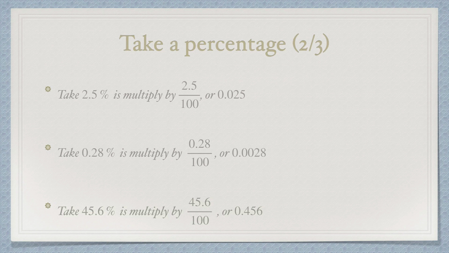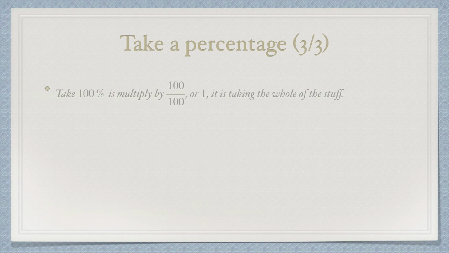Take 45.6% is multiplied by 45.6 over 100 or 0.456. Take 100% is multiplied by 100 over 100, that is 1.